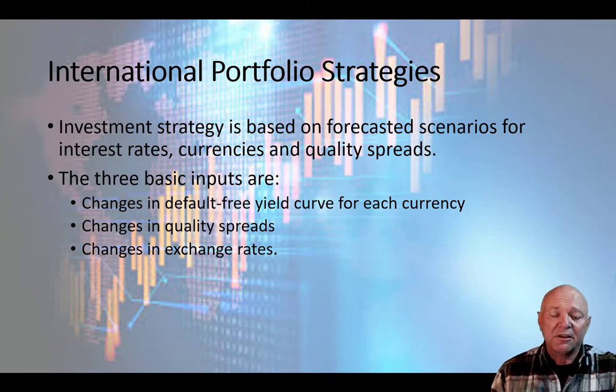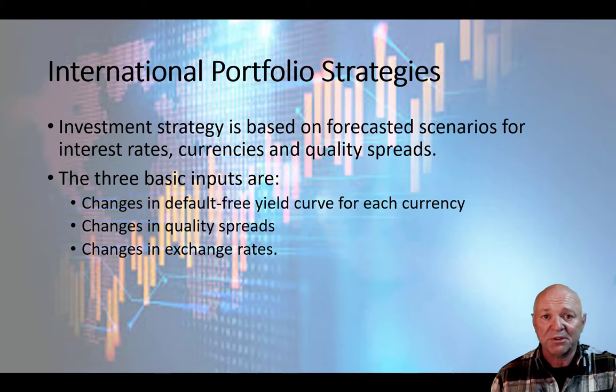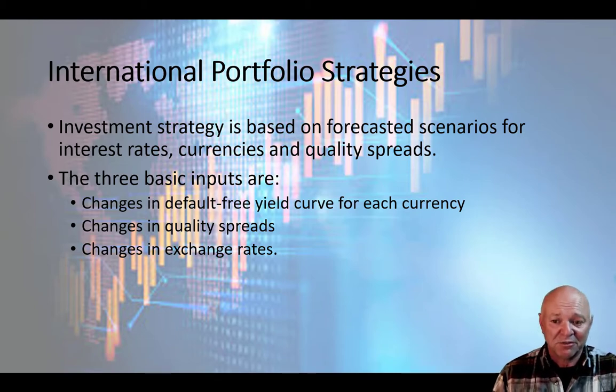Some of the inputs to our strategy then would be things like what would happen to the yield curve for government bonds in each currency, for the risk-free or default-free yield curve for each of the currencies. What will happen to quality spreads for the type of investments that we're looking at for that portfolio, and also what will happen to exchange rates.